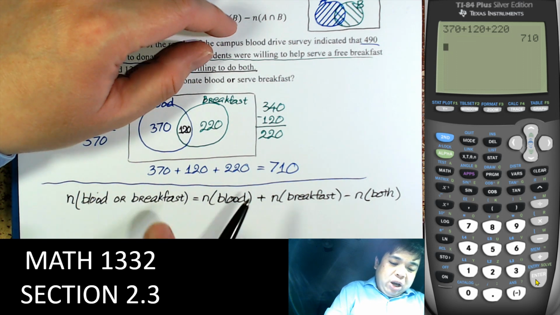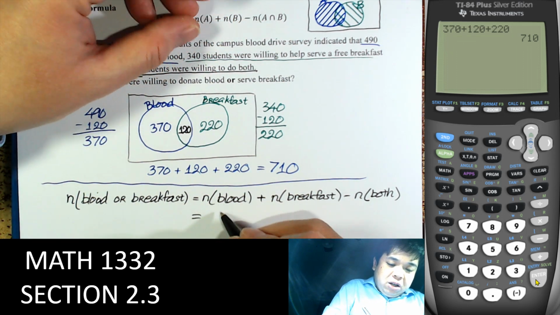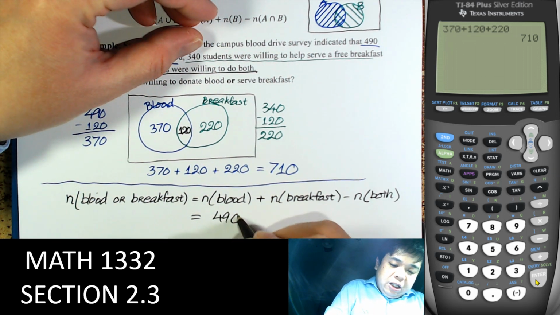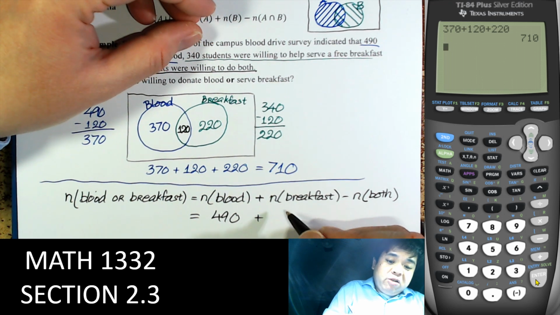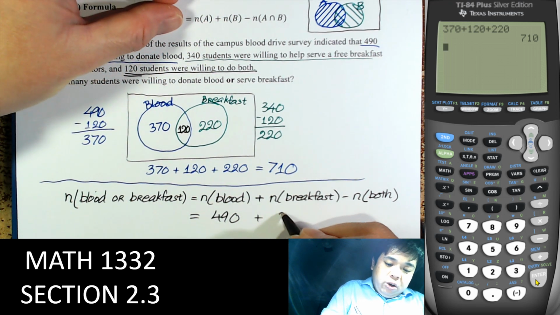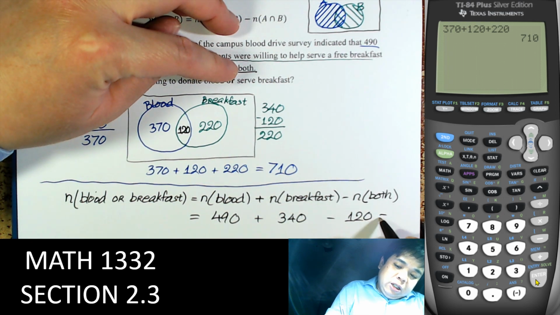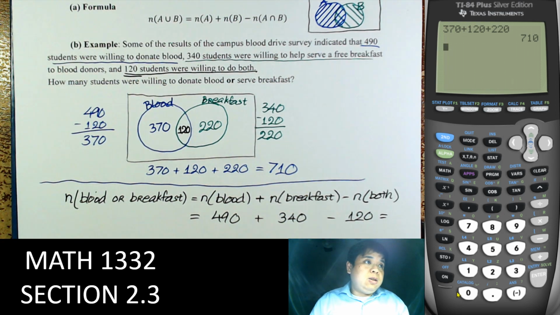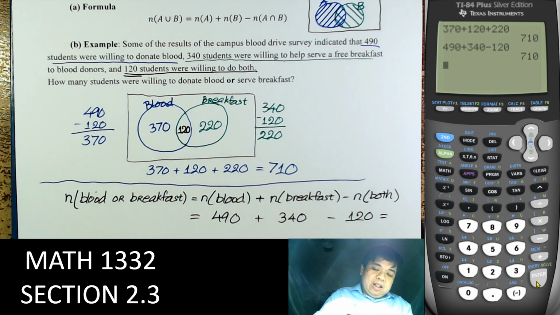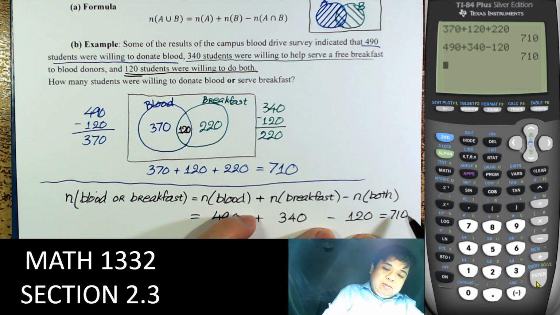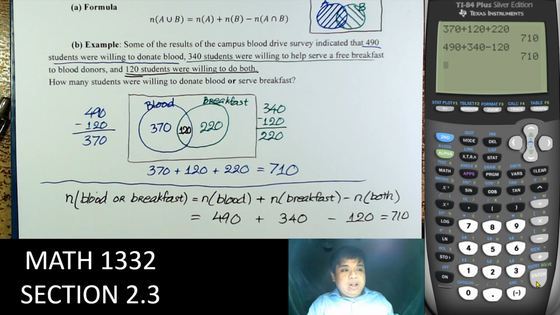So this is what we are asked: donate blood, 490, willing to serve breakfast, 340, and then we have to subtract the overlapping, which is 120. And we'll do all of that. And we have 710. Right. So that just confirms our calculation.